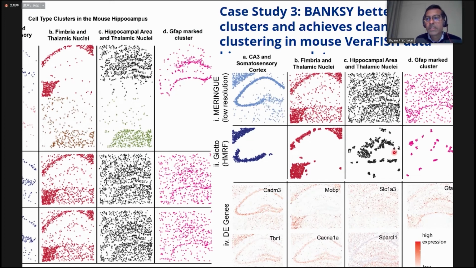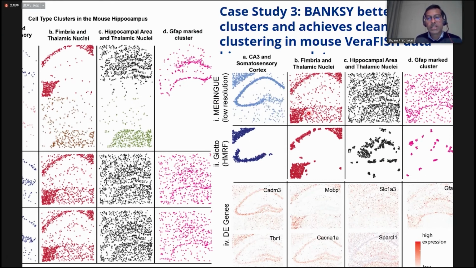It creates some strange clumps in the hippocampal area and thalamic nuclei, because Giotto forces cells that are next to each other to be the same cell type, or encourages them to be the same cell type. And that's because Giotto was not designed for cell type clustering. It was designed for domain segmentation.